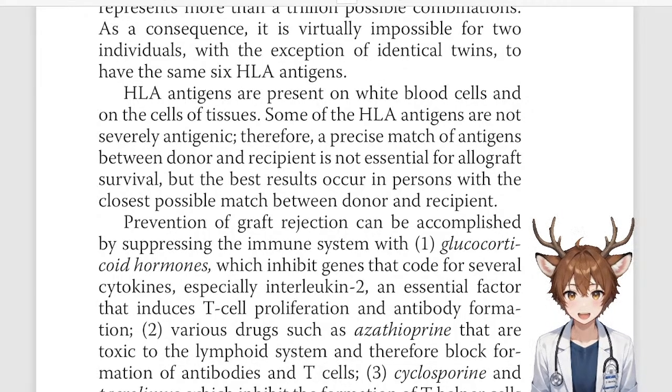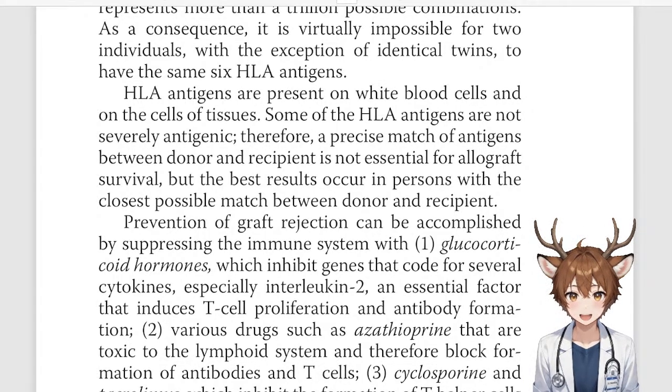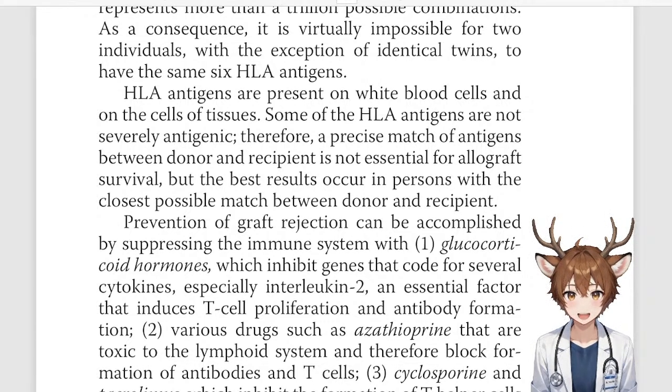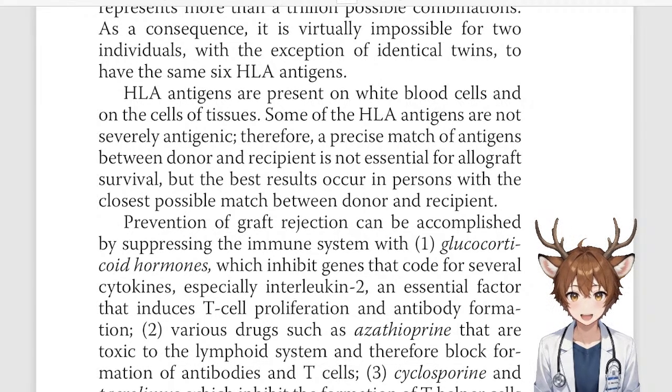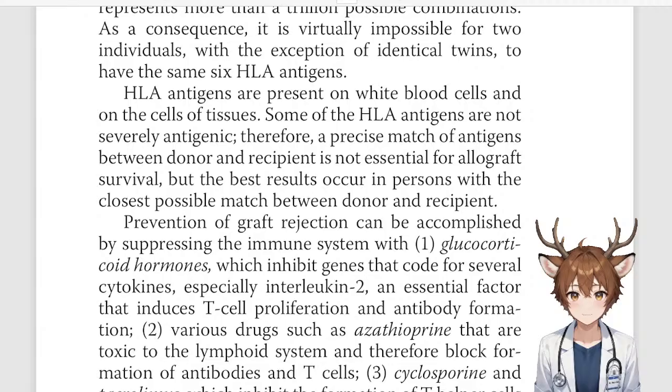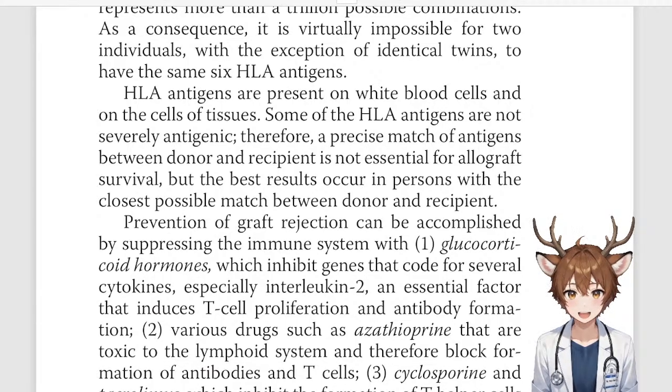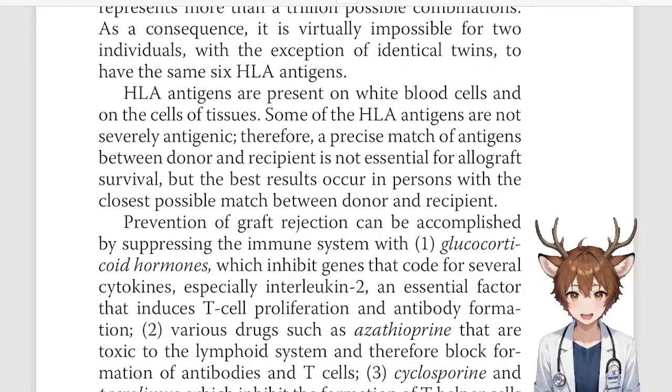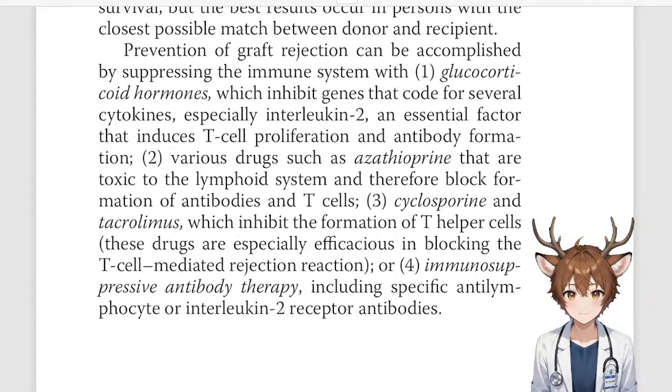Prevention of graft rejection can be accomplished by suppressing the immune system with 1. Glucocorticoid hormones, which inhibit genes that code for several cytokines, especially interleukin 2, an essential factor that induces T cell proliferation and antibody formation. 2. Various drugs, such as azathioprine, that are toxic to the lymphoid system and therefore block formation of antibodies in T cells. 3.